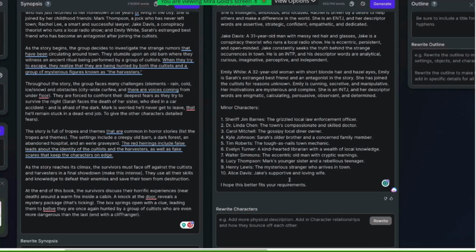The other thing I want to point out, make sure that you are not using names that could confuse your AI assistant here. So Carol, most of the time this spelling will generate a female, but be careful because the AI could get that mixed up with the male version of Carol.